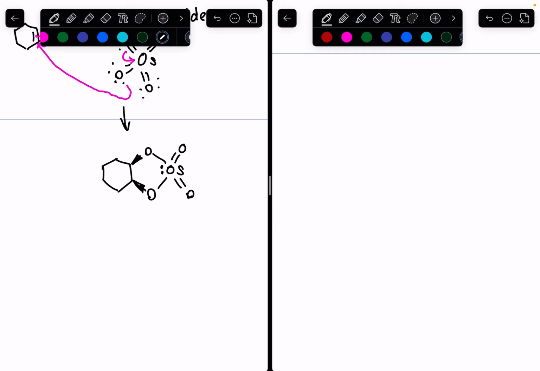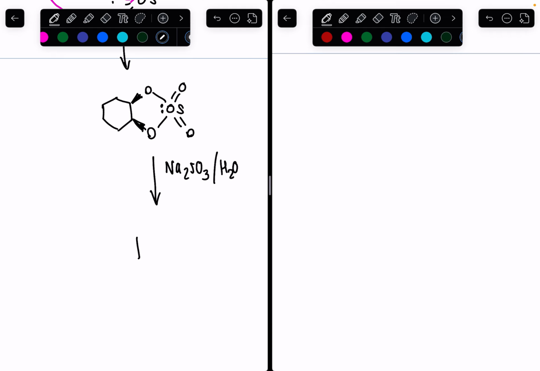So let's add our two groups across the same face in this cyclic osmate ester. We're going to use aqueous sodium sulfite as well as H2O, and we end up with syn addition of alcohols.